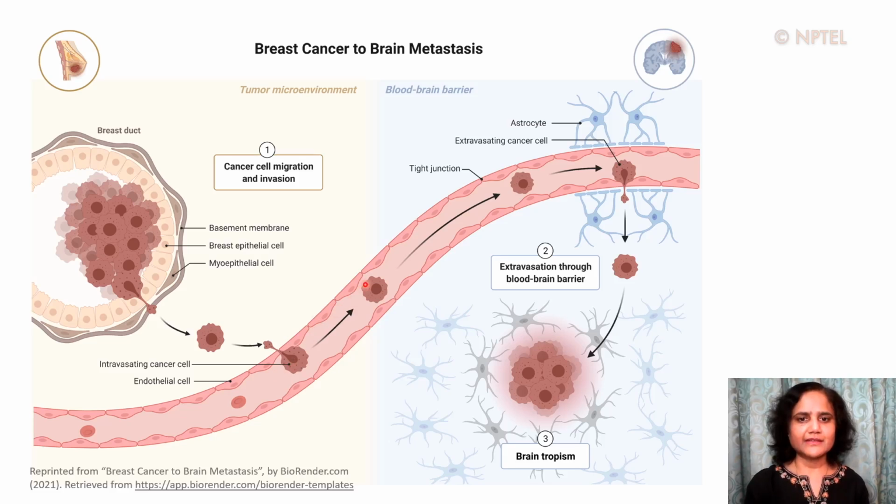So now it has entered the bloodstream and it can actually go to other parts of the body. It can extravasate and it can also cross the blood-brain barrier to form a new tumor in the brain.